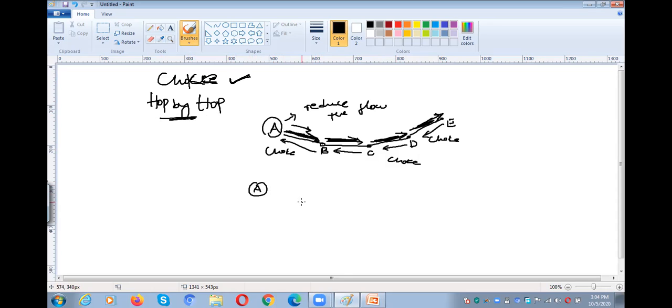Hop by hop: this is A and this is B, this is the C router, this is D and this is E. Initially, A is sending the data with this transmission speed, the dark line.